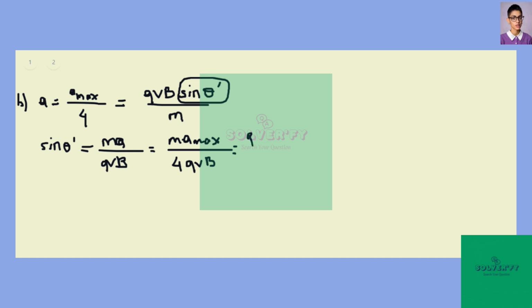And if we plug in all the values that are given to us, the mass is 9.11 times 10 to the power of negative 31 kilograms.